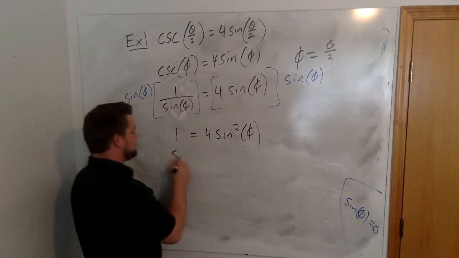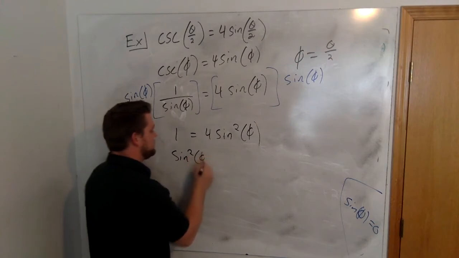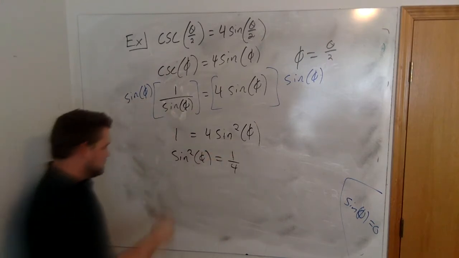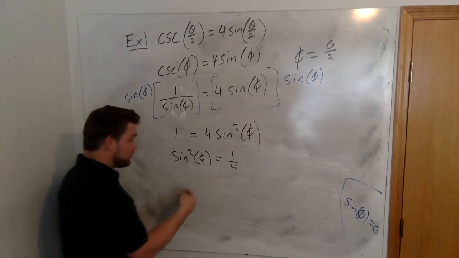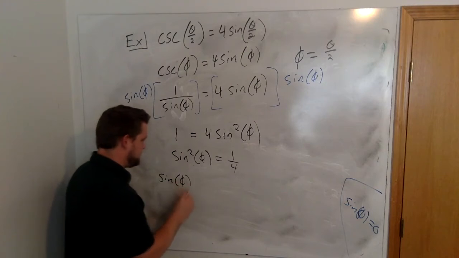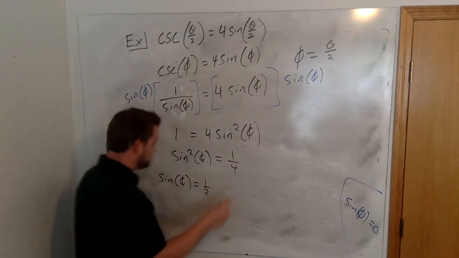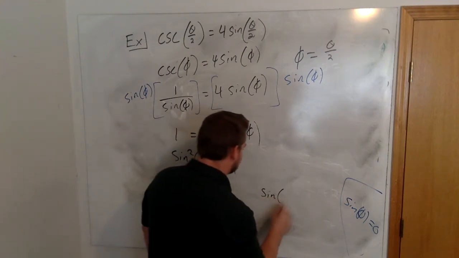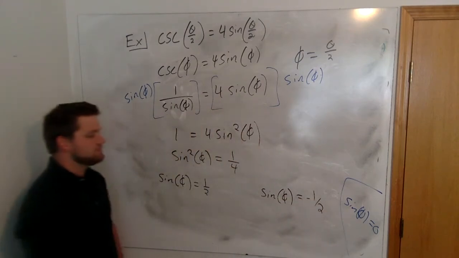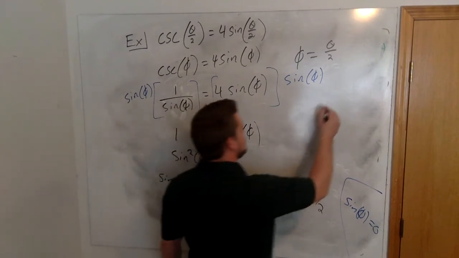So here we'll have that sine squared of phi will be equal to 1/4 if we divide both sides by 4. Or if we square root both sides, we'll get that the sine of phi could be equal to 1/2, or we could have that sine of phi could be equal to negative 1/2. Okay?